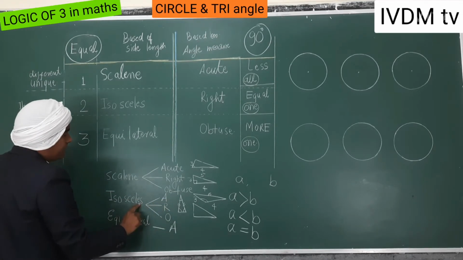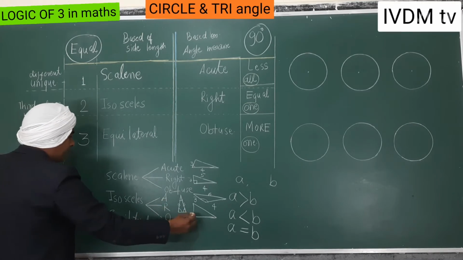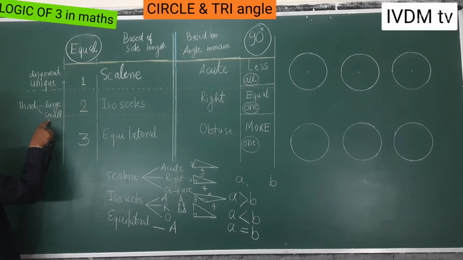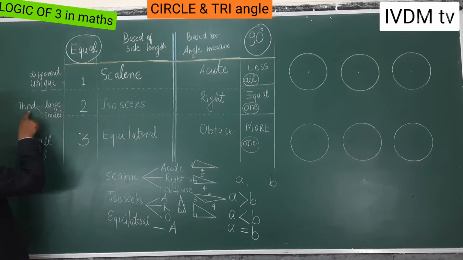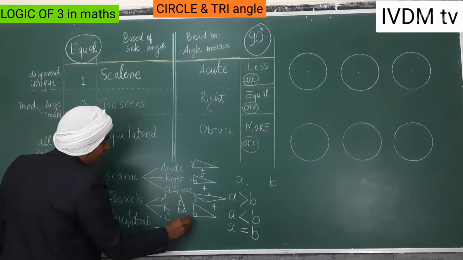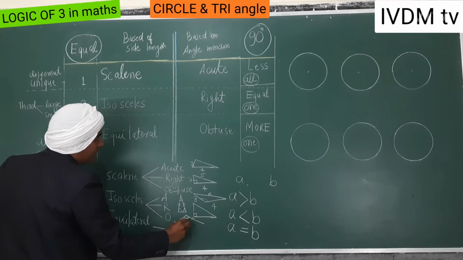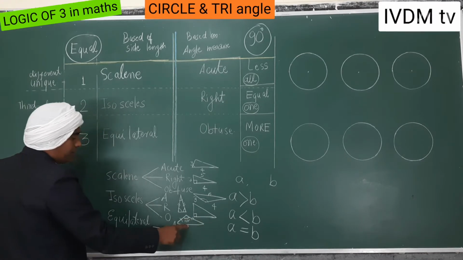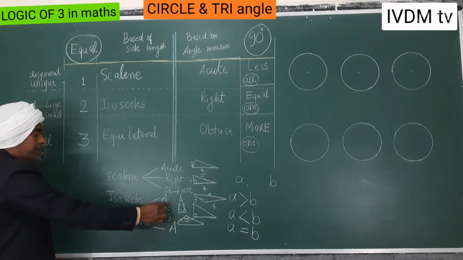So isosceles may be acute, right angle and obtuse also. When the third side will be large, that will be obtuse angle. When you take this angle more and these two sides are equal, this is 100 degree, the two sides are equal, so this side is more large. Okay, so isosceles may be all the three.